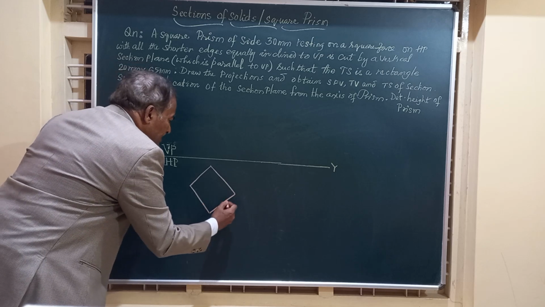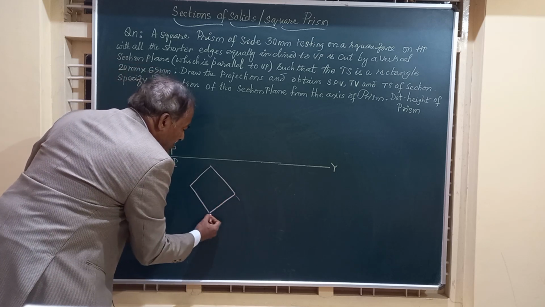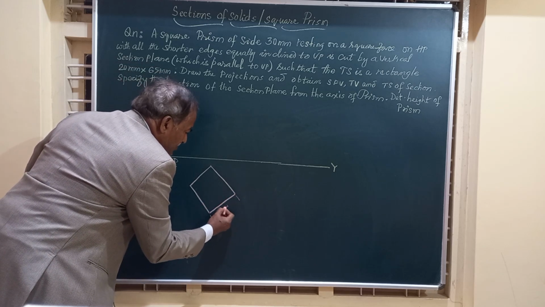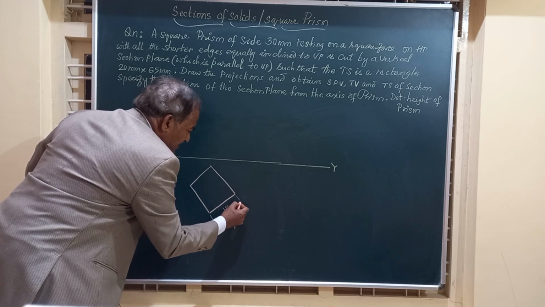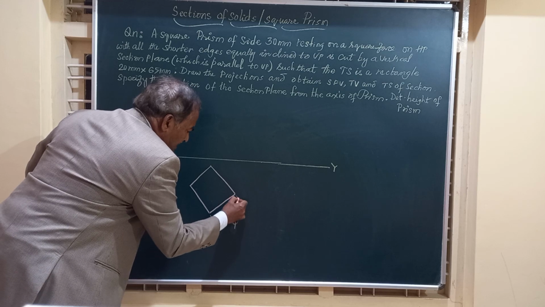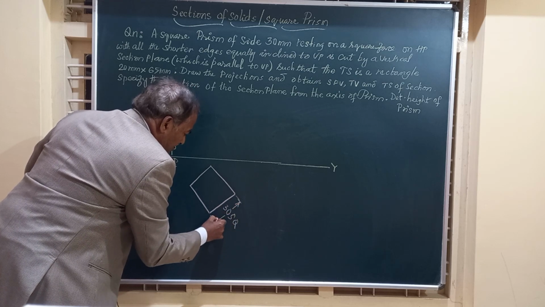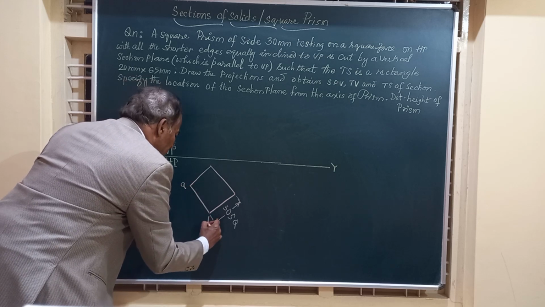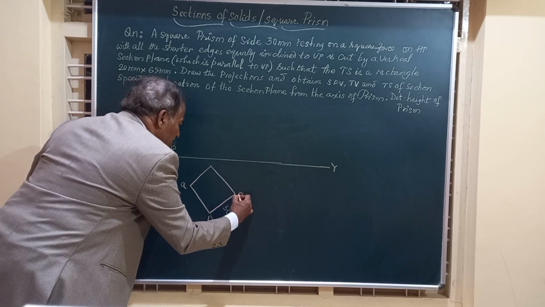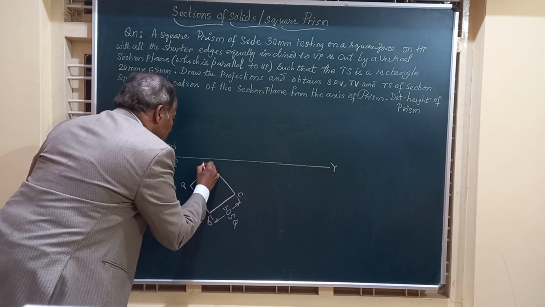So 30 millimeter square you have constructed, we will mark it as 30 SQ. 30 SQ indicates that it is a square of 30 millimeter size. So 30 SQ, and we will label this as ABCD, A, B, C and D.